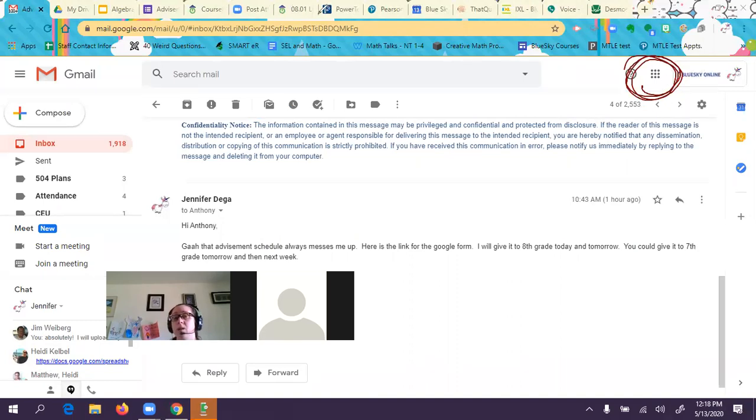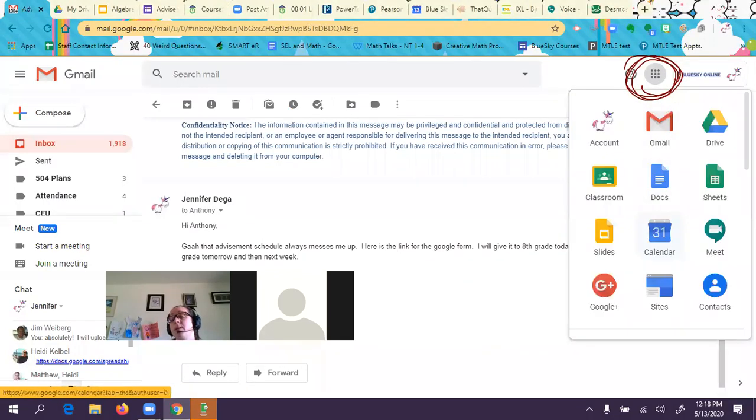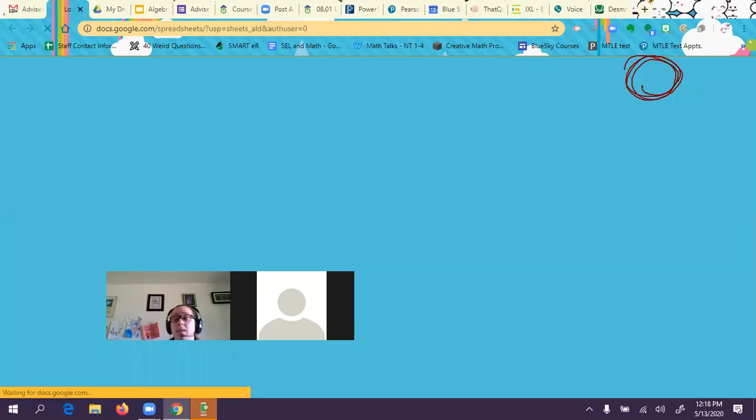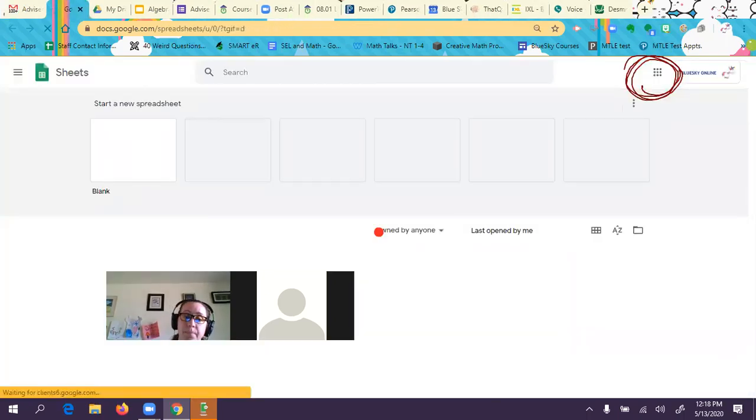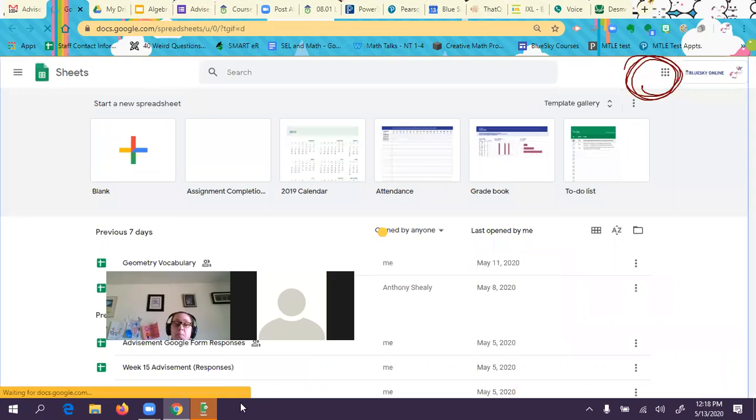When you click on this grid, it brings up all your Google apps, and you're going to click on Sheets. And then you're going to click on a blank spreadsheet.